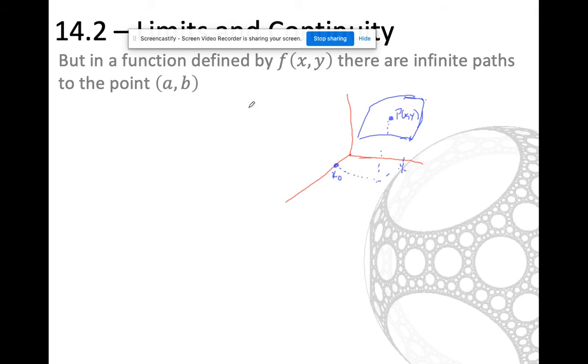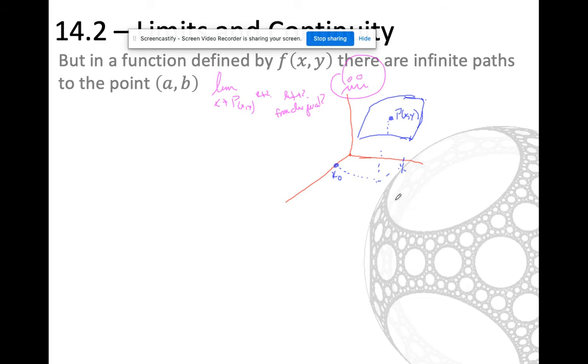So how can I possibly investigate the limit as x approaches that point P? I can't say from the right, from the left, from diagonal, you're right? I mean, what the heck? What the hee-haw? What am I going to do?